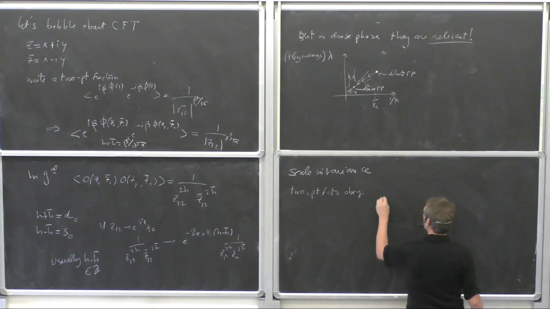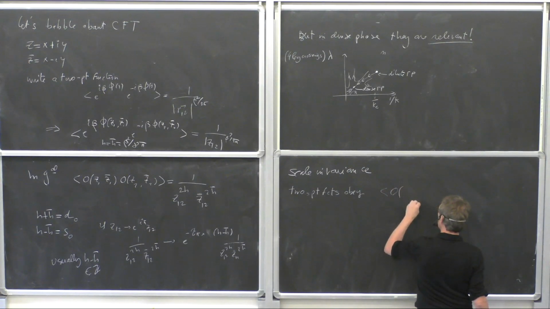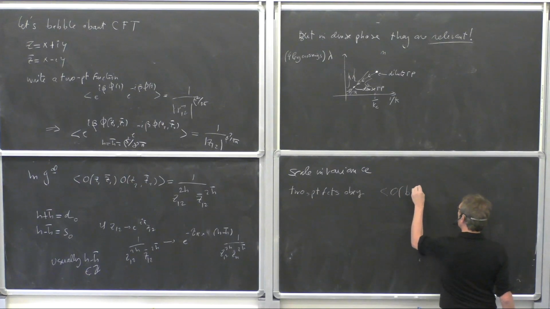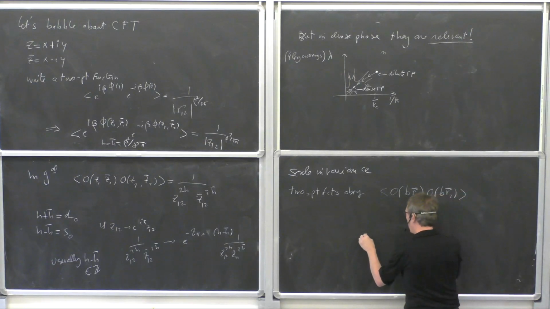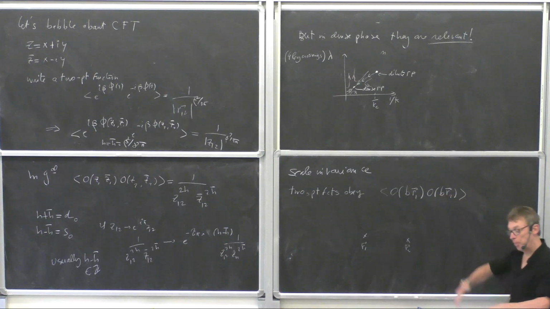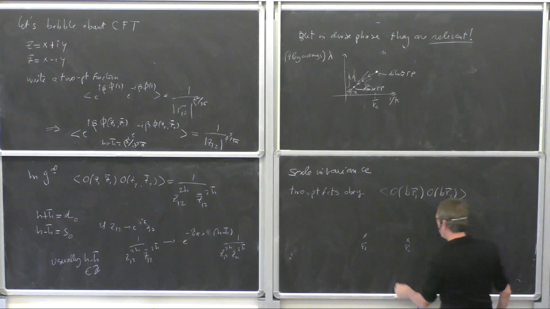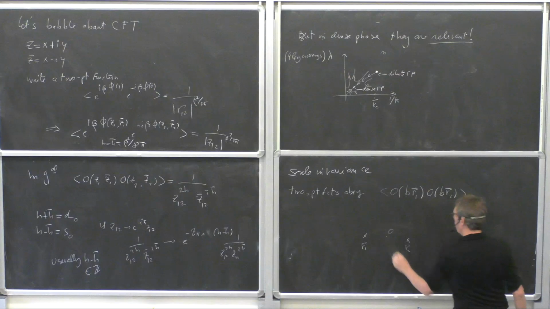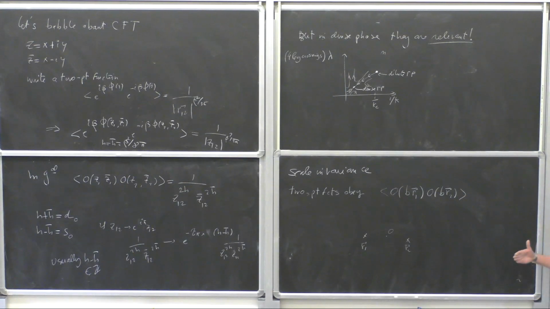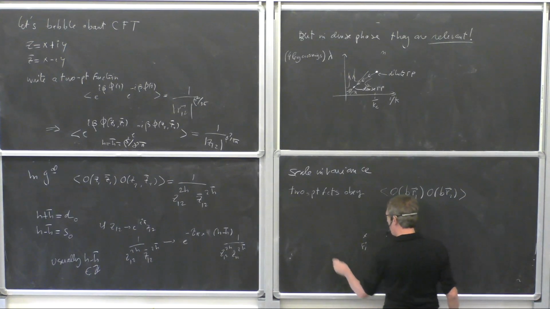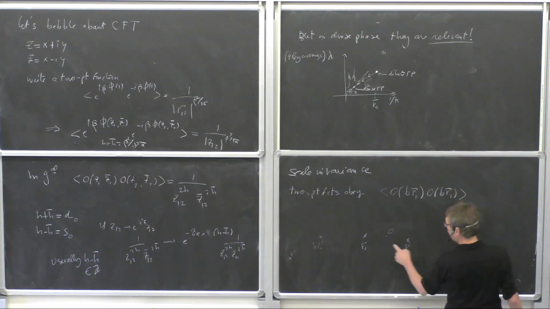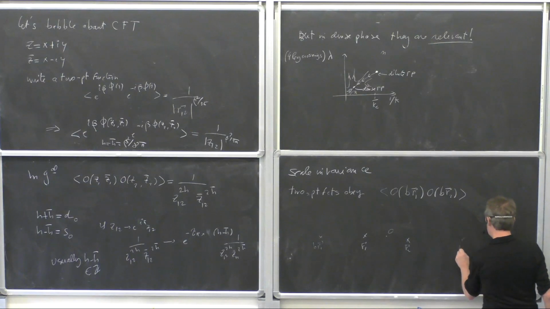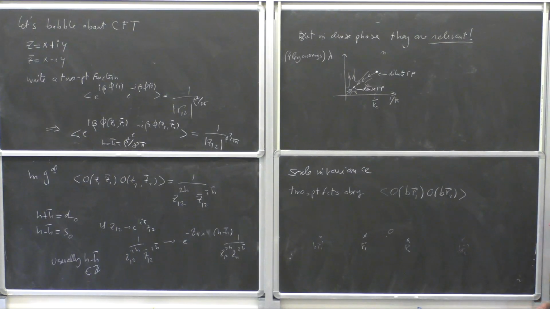What is that something simple? Well, let me write it in terms of R1 and R2 for a minute. If I look at the 2-point function of my observables, not at R1 and R2, but at BR1 and BR2. So say the origin was here. If I do a scale transformation, I send R1 to BR1, B being some number, say 3, and BR2. I mean something real.